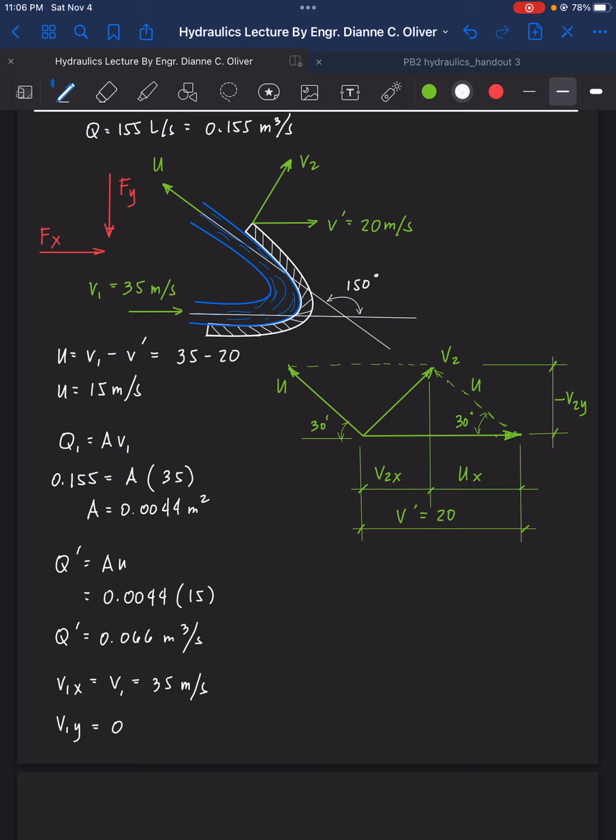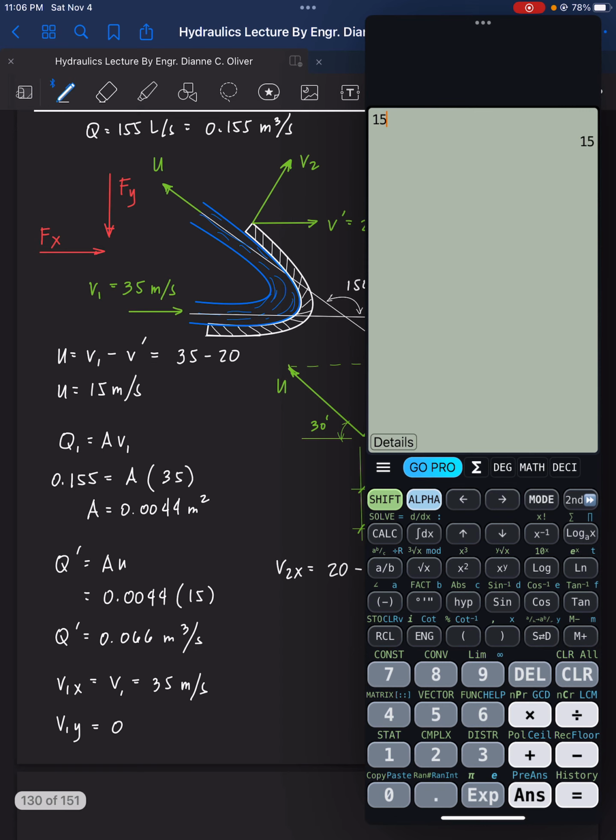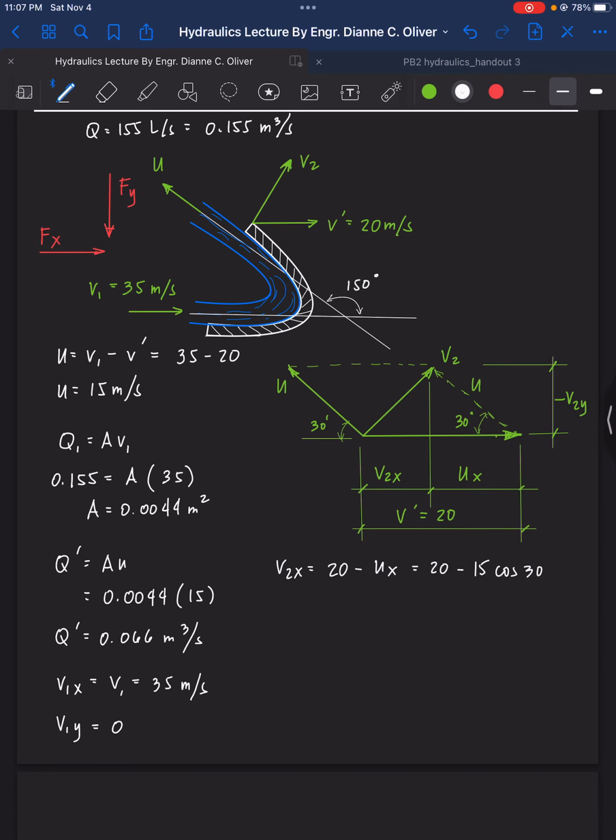Now for V2x, so V2x is equal to 20 minus the u sub x. So 20 minus the u, what's the value of u again? It is 15. So that is 15 cosine of 30. So 15 cosine of 30, that is 12.99.